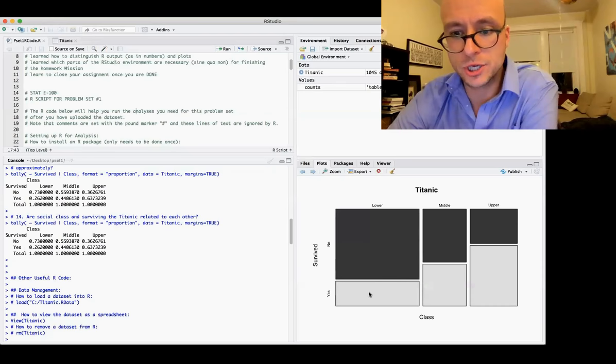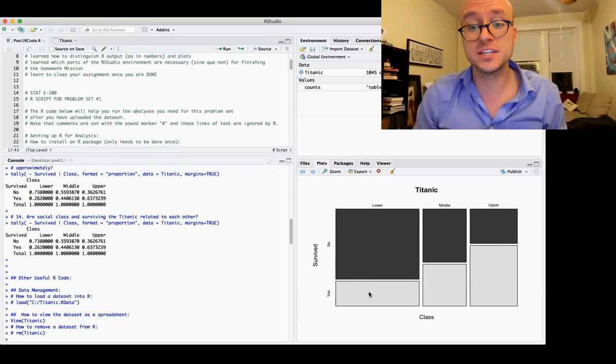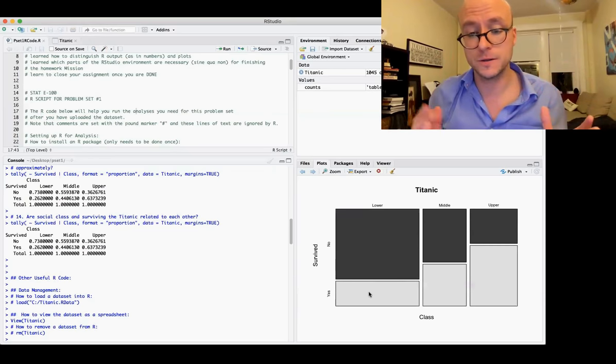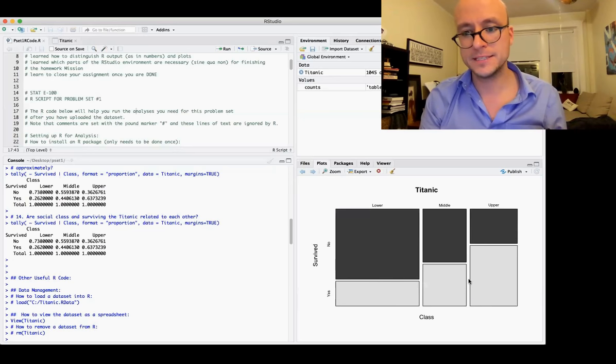What it also shows you is that while the risk of mortality is very high in the lower class, because the lower class is so large, the number of survivors in the lower class is equal to or even might surpass the number of survivors in the middle class.